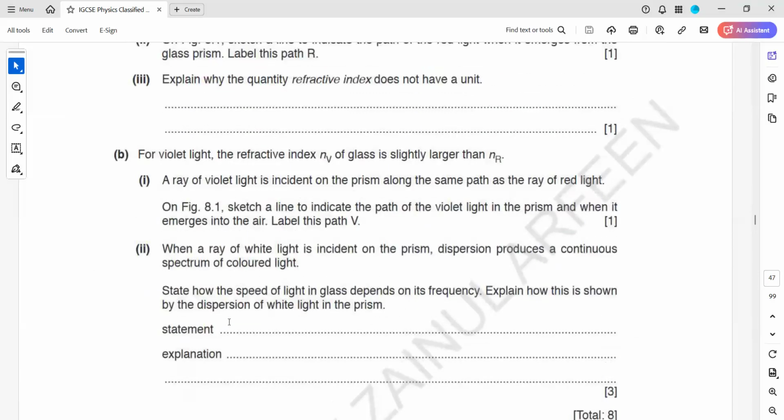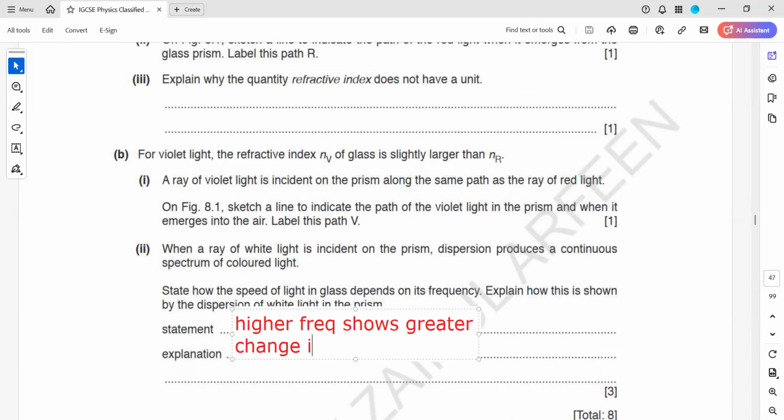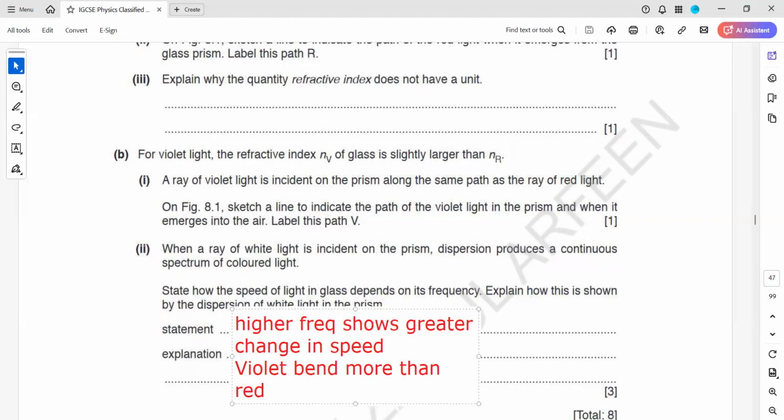So the statement: the higher frequency shows greater change in speed. And what is the explanation for that? Because it bends the most. Like violet bends more than red. So if light bends more, it means it has a greater change in speed.